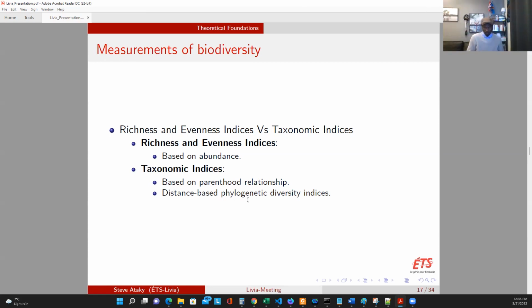Now, the richness and evenness are based on abundance, whereas taxonomic indices are based on the parenthood relationship, distance, and the distances here are based on phylogenetic diversity indices.